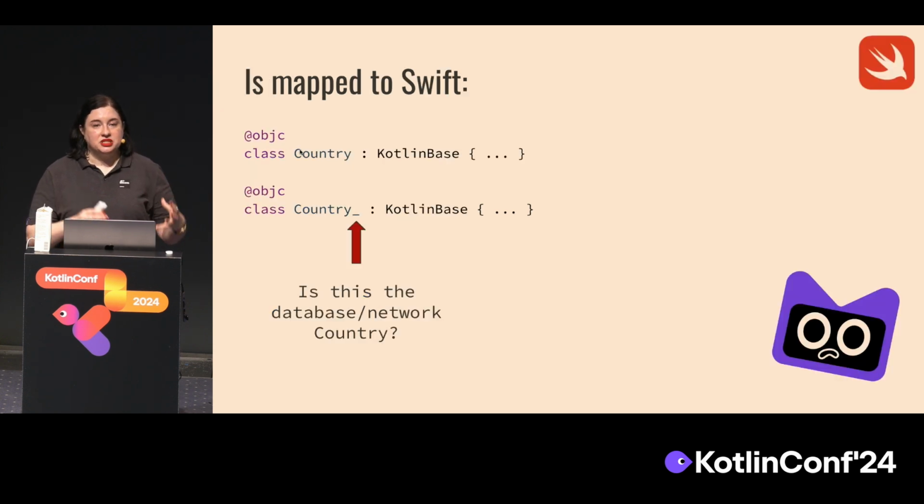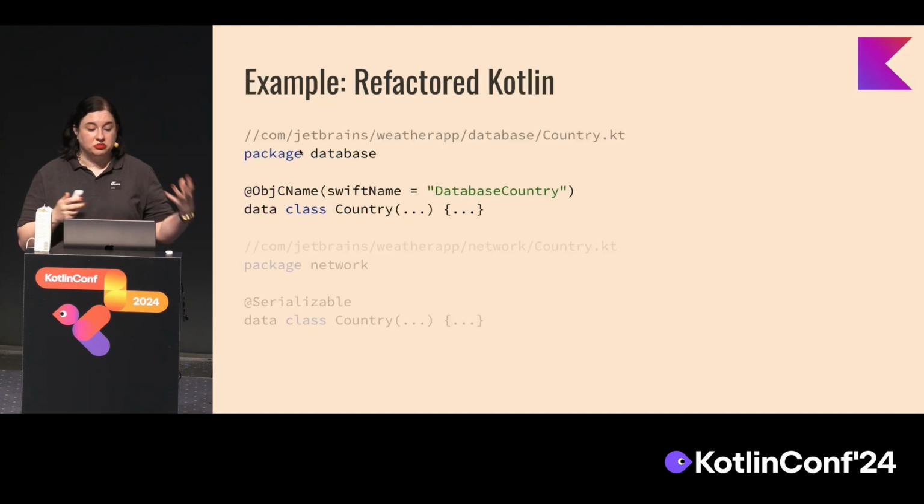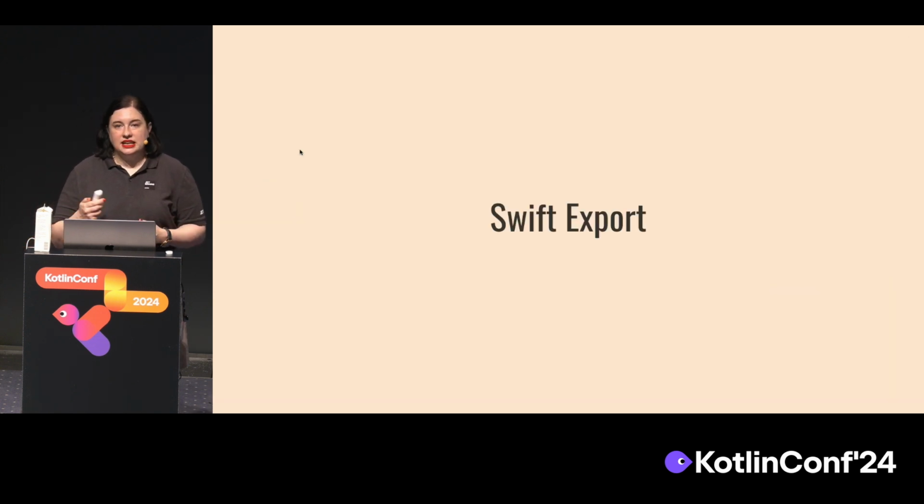And when it's mapped to Swift, both country classes appear in that same module, and there is some name rewriting. But we can use the ObjC annotation to rewrite the name of that Swift class. So let's look at the Swift export problem.